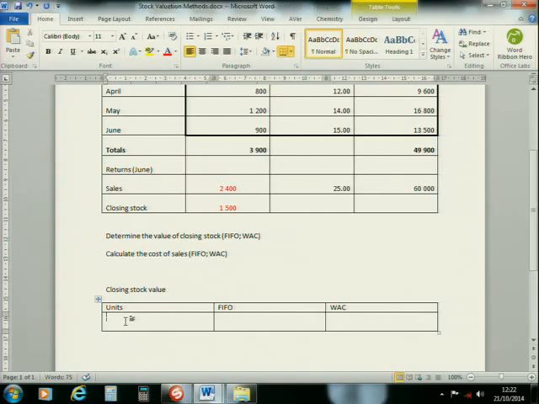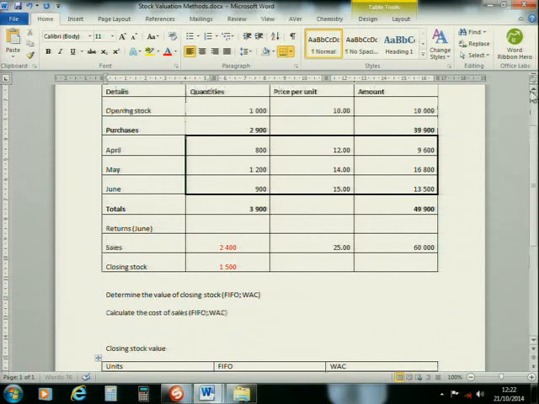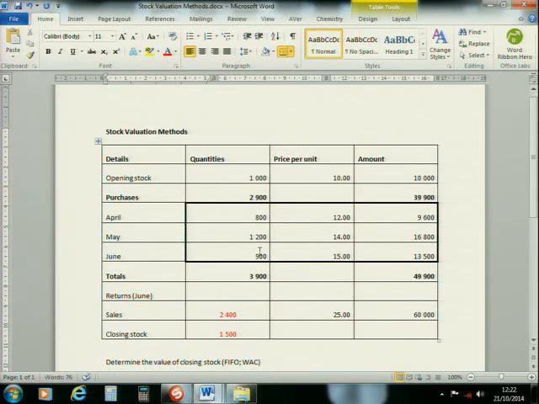Units remaining, we've got 1,500. Using FIFO, all you need to do is go back to the table and try to locate the 1,500 units. Where are these units located? 900 plus 600 of this.